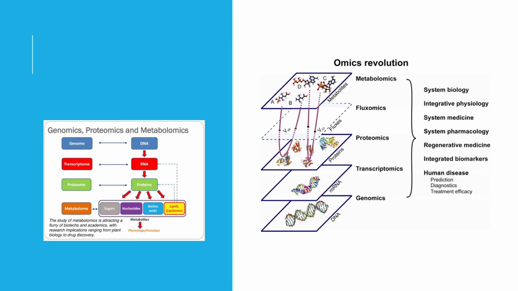And so I got this image here just so you can get a picture of where we're going. If you look on the right, all the way at the bottom, you have your DNA, and that's where genomics stands.